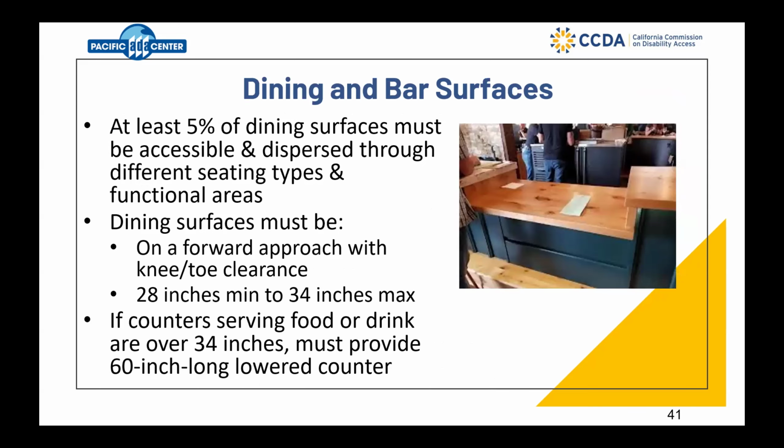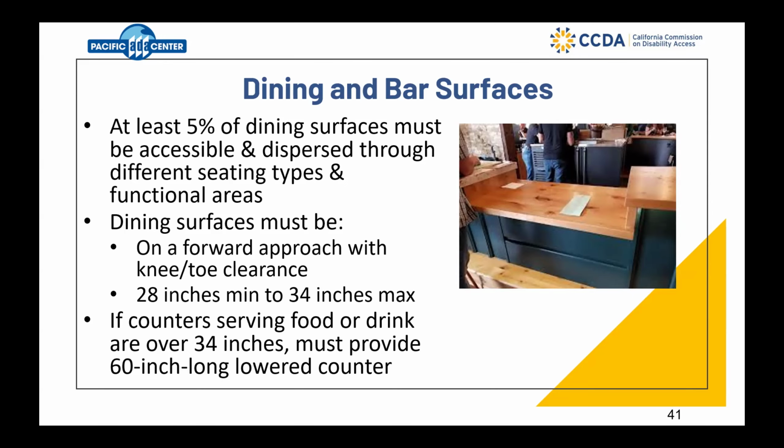So dining and bar surfaces also need to be accessible. At least 5% of them need to be accessible, and they need to be dispersed throughout the different seating types and functional areas that you might have in a dining or a bar. They have to be on a forward approach so that you can have knee and toe clearance underneath them so that you can enjoy your drink or your food facing forward.